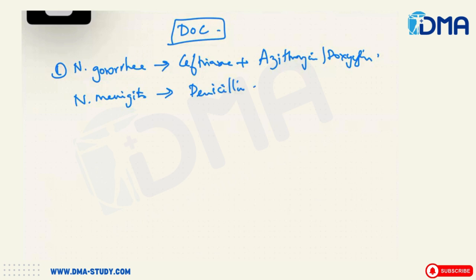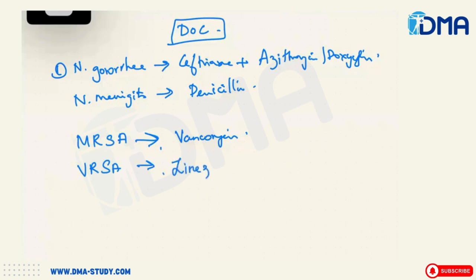Then how about MRSA, methicillin resistant Staphylococcus aureus? What is the drug of choice for methicillin resistant? Exactly, vancomycin. What is the drug of choice for vancomycin resistant Staph aureus? Linezolid.